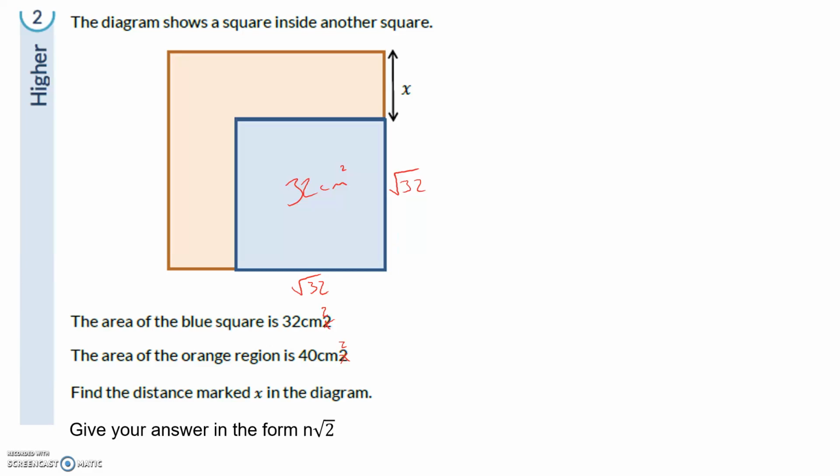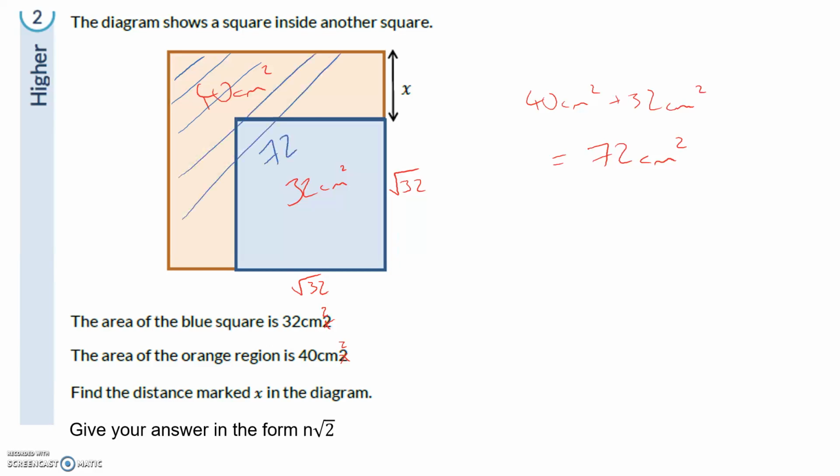That's 40 square centimetres. So what's the total area? Well, the total area is going to be 40 square centimetres plus 32 square centimetres. That's 72 square centimetres. So the area of this whole big square here is 72 square centimetres.